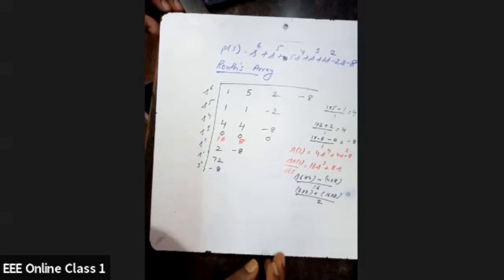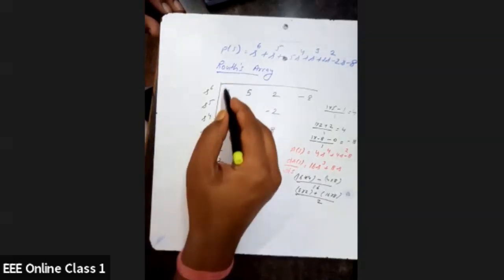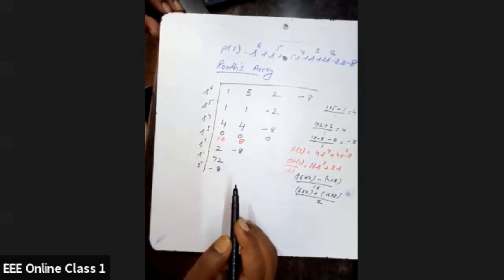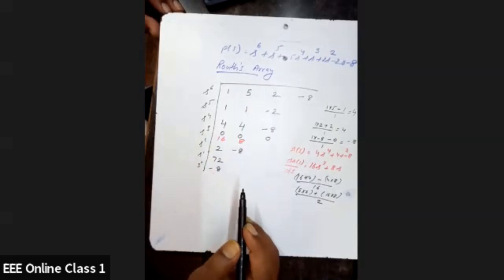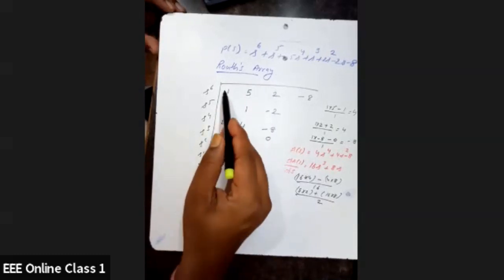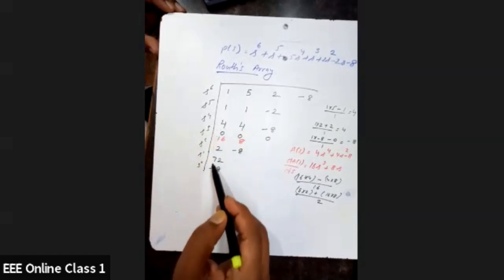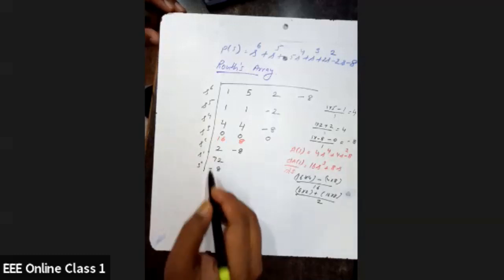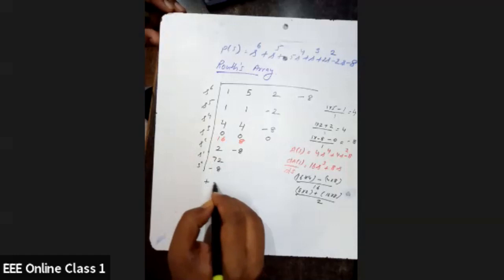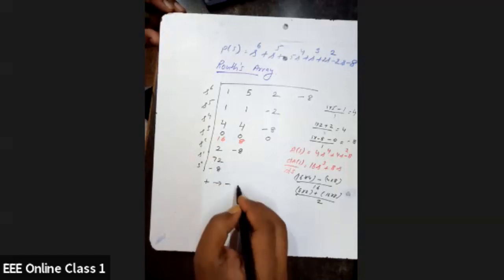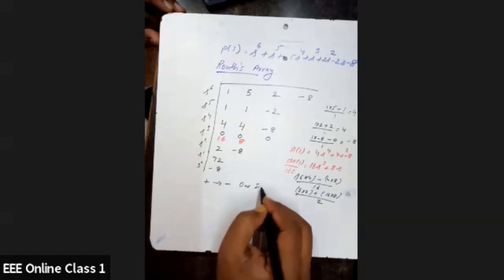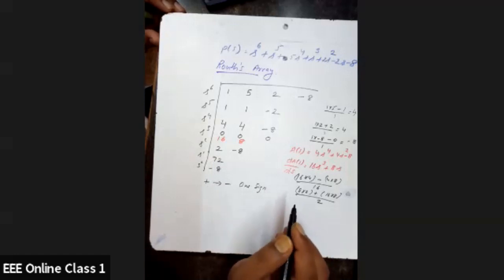Now let us see how many sign changes took place in the first column of the Routh array. Now this is positive, positive, and one negative. So we can find that from positive to negative, only one sign change has taken place.